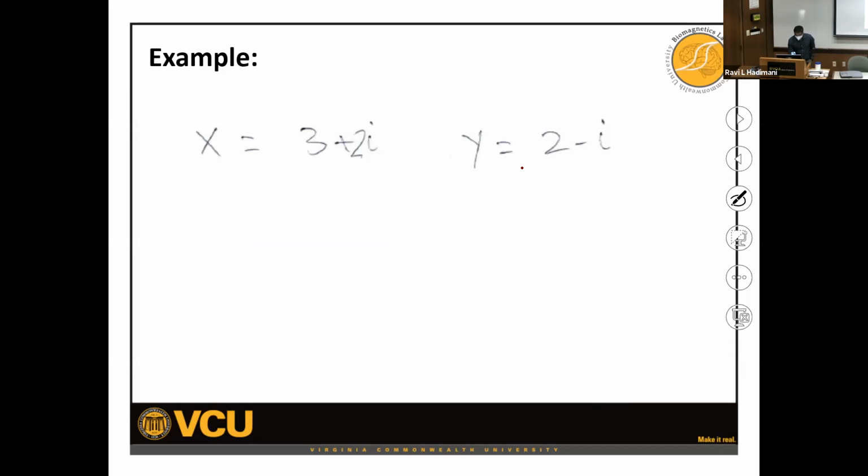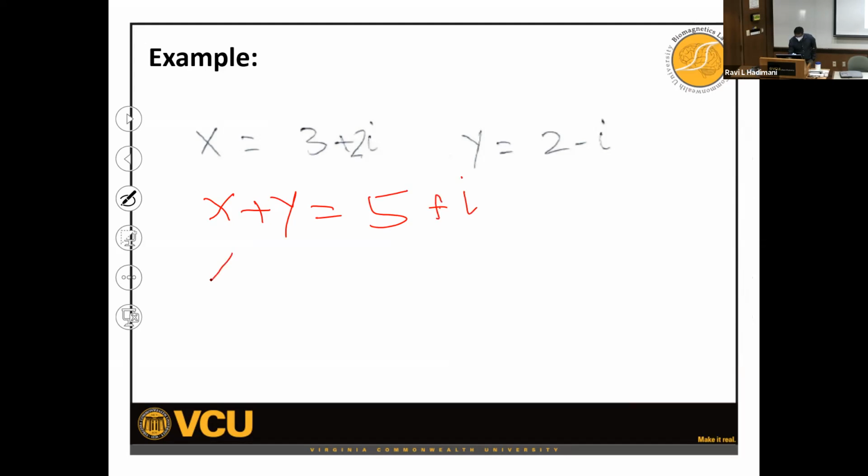So here is another example. I'll do it quickly. These are two complex numbers. For x plus y, you just add the real part and add the imaginary part, okay? This becomes 5 plus i. And x minus y equals, sorry, 1 plus 3i, okay?